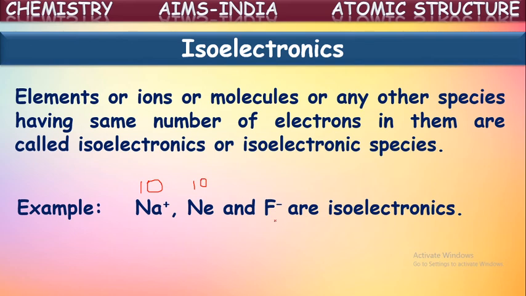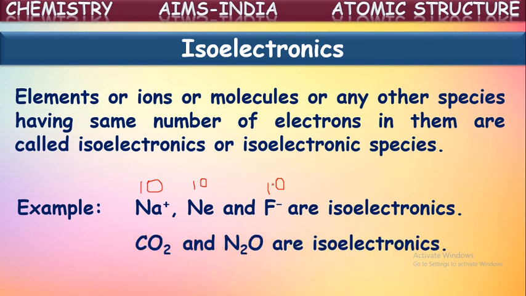What about fluorine? Atomic number of fluorine is 9. It will be having 9 electrons, but it is mentioned here F minus ion, which means it gained 1 electron. Total number of electrons in F minus now becomes 10. So these three are having the same number of electrons. So these are called isoelectronics or isoelectronic species.